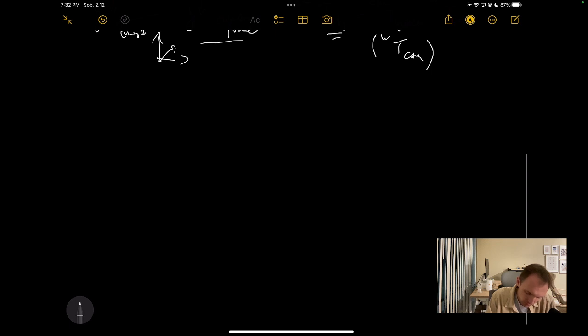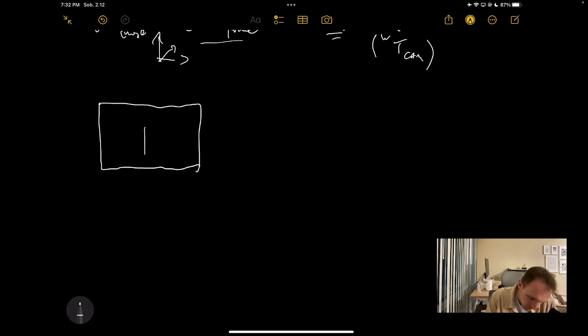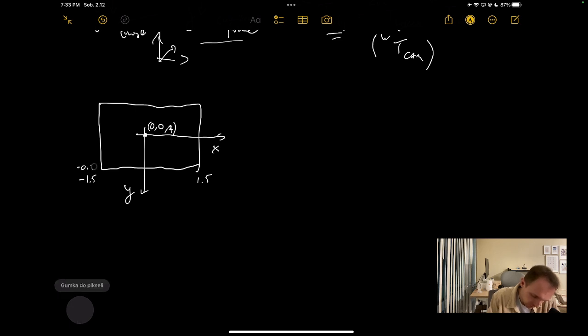So the way it works usually is as follows. Here's the camera frame. This is 0, 0 in x, y. This is x, this is y, and there's a z equals 1. The image goes maybe from minus 1.5 to 1.5, and from minus 1, or I don't know, maybe minus 0.7, to 1, more or less.